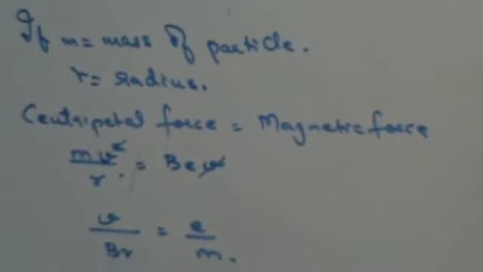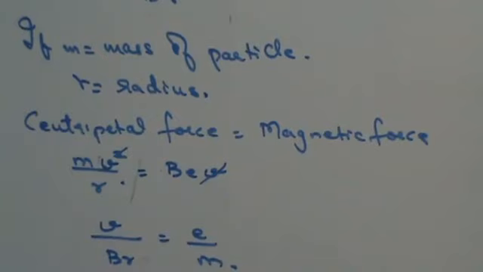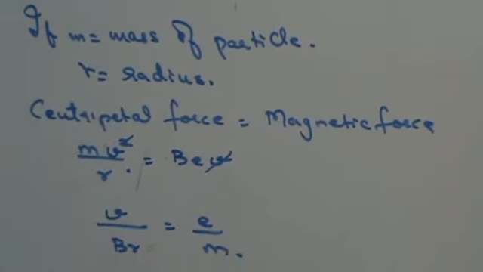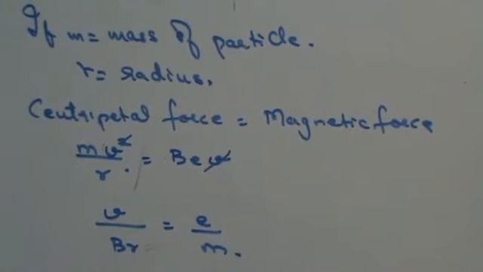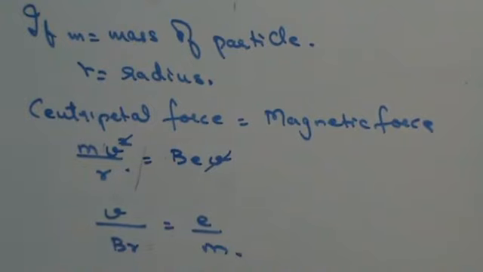Thus, if m is the mass of the particle and r is the radius of the circular path, then centripetal force is equal to the magnetic force.